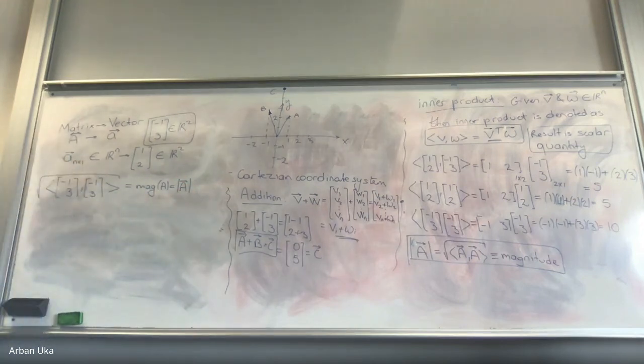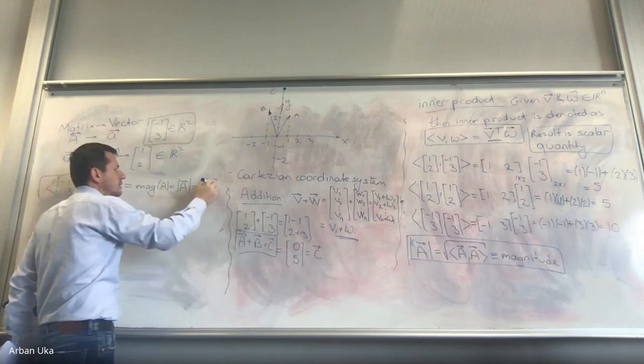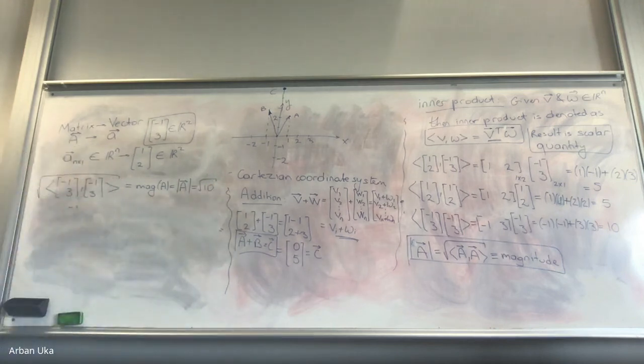What is the magnitude of this vector? We did it, that's 10. So the magnitude of A is equal to what? Square root of 10. That's true.